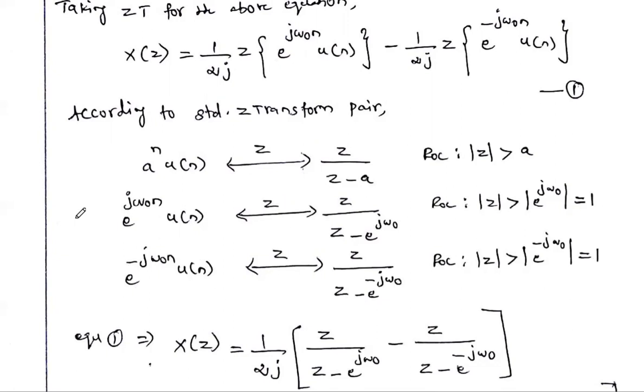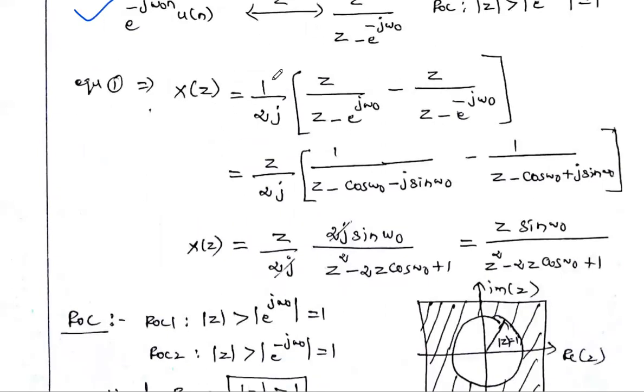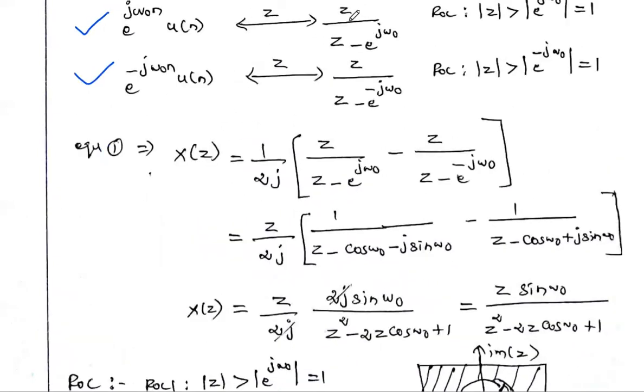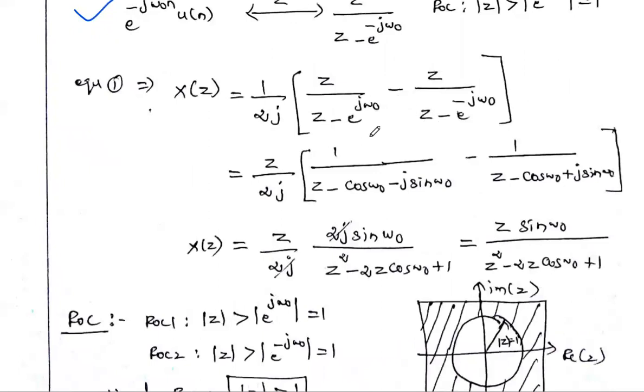So we have to substitute these two answers in the above capital X of Z equation. We get X of Z equal to 1 by 2j into the first answer minus the second answer. In the previous cos omega naught n problem there was a plus; here it's a minus and additionally 1 by j. Then similarly you expand e power j theta in terms of cos and sine: e power j theta equals cos theta plus j sin theta, and already one minus is there.